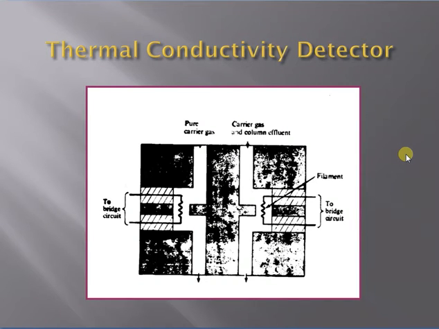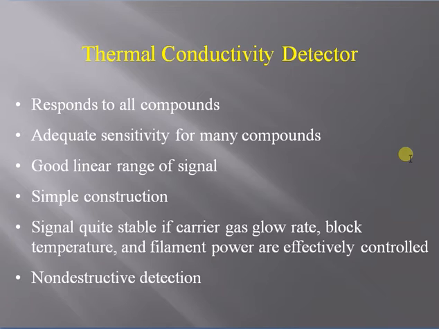The thermal conductivity detector responds to all compounds, with adequate sensitivity for many compounds, a good linear range of signal, and simple construction. The signal is quite stable if carrier gas flow rate, block temperature and filament power are effectively controlled. It is a non-destructive detector.